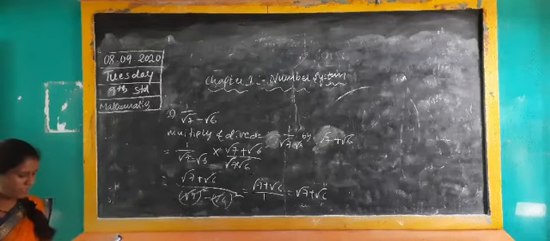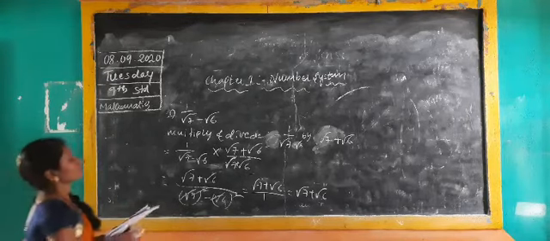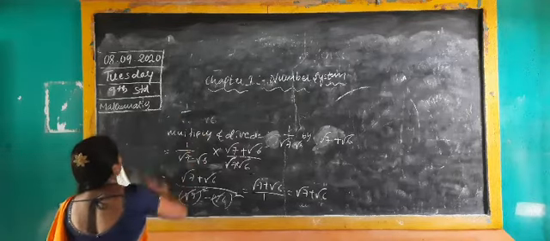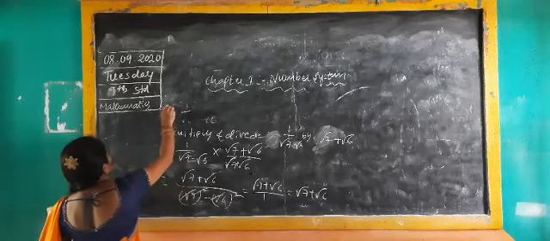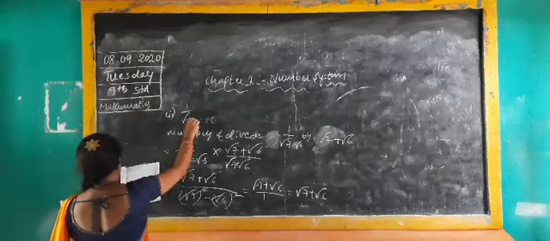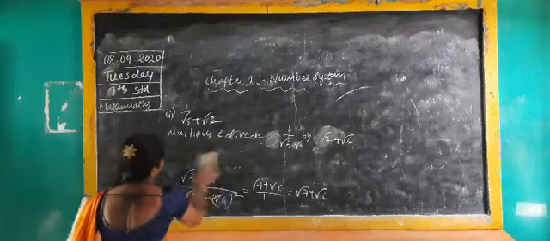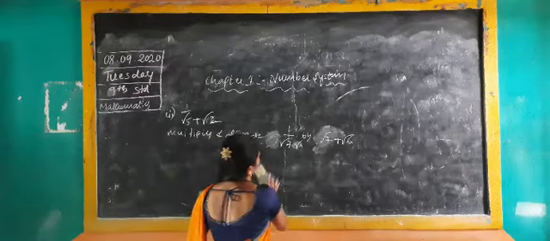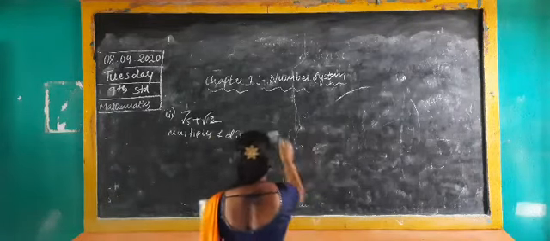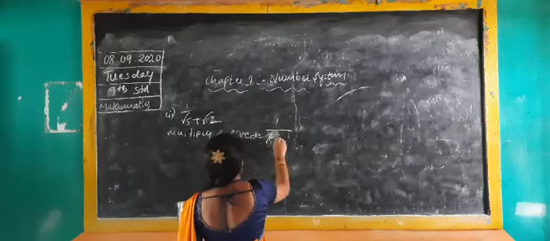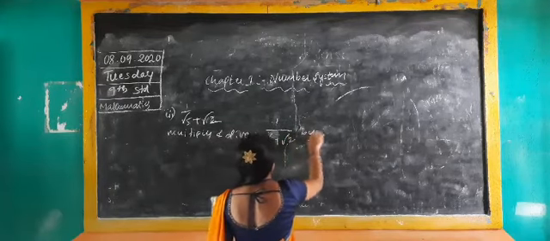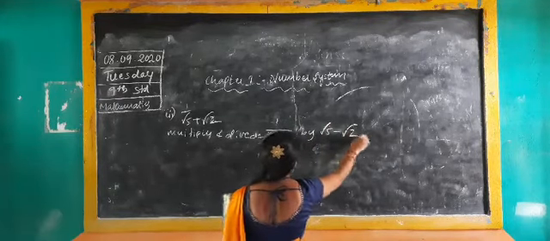Next, third one, also same. Here what is there? 1 by root 5 plus root 2. Here multiply and divide the same. Multiply and divide by 1 by root 5 plus root 2 by, I said take root 5 minus root 2.